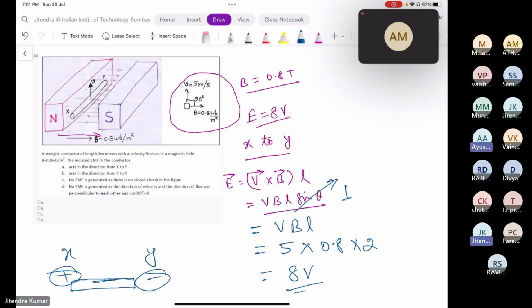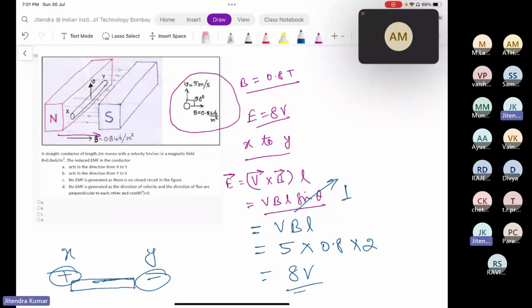Yes, sir. Okay, so whatever you applied, Fleming left-hand rule, I guess you have very good memory so that you can recall it from class 12 concept, but then it is correct.